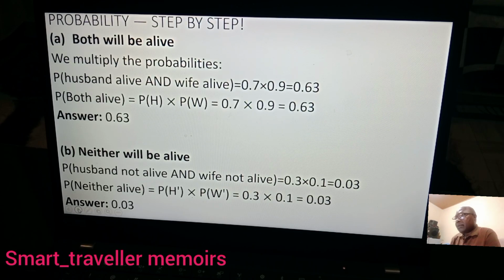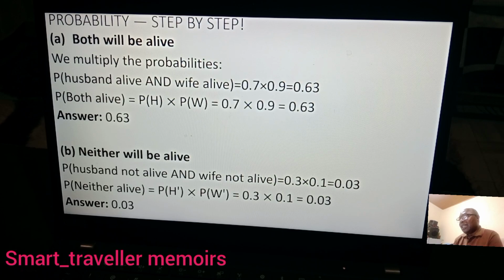Part A. Let's calculate the probability that both will be alive. Here, we multiply the probabilities because the two events are independent. So, P, husband alive and wife alive, will be 0.7 times 0.9, which is equal to 0.63.